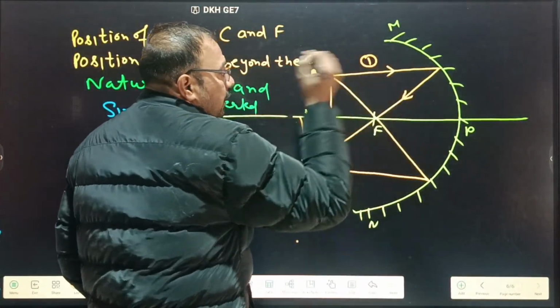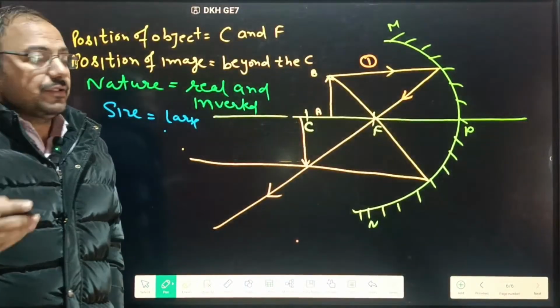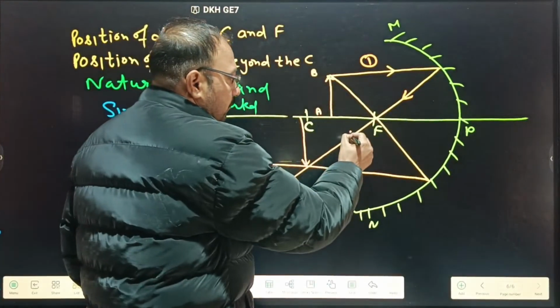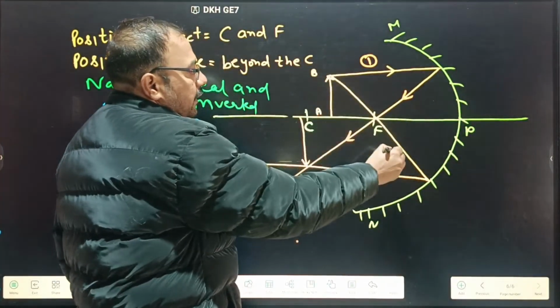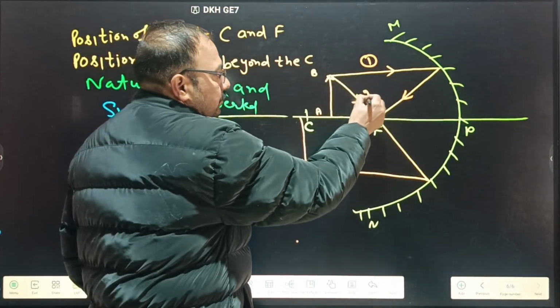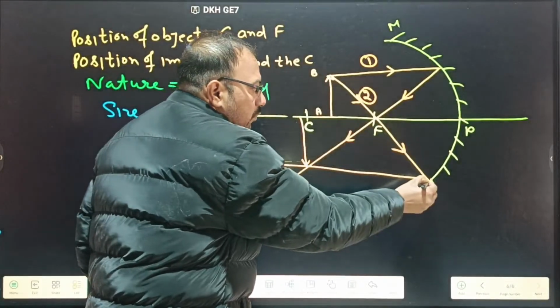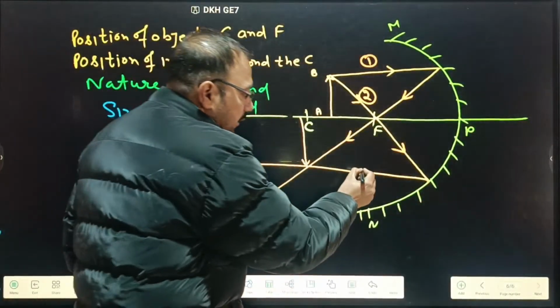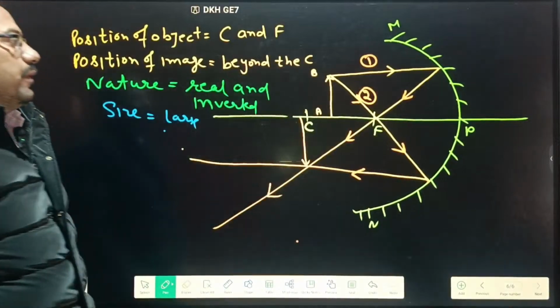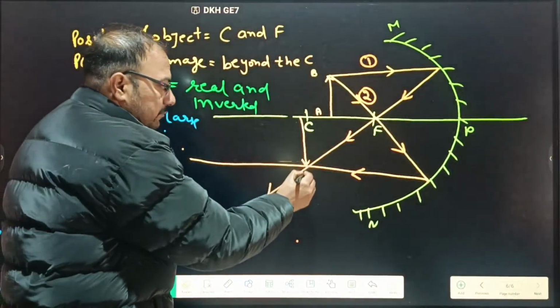And this is reflected, and after the reflection it passes through the focus. And this is the second ray. This is incident on this point and reflected parallel to the principal axis, and this cuts here.